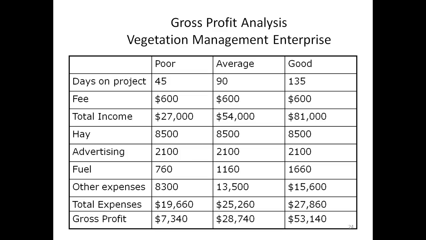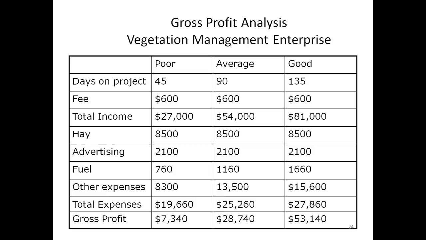One of the other aspects of gross profit is that it can be used for sensitivity analysis, as in the garlic example you have, along with the gross margin. Looking at this example, splitting out between poor, average, and good, is that price, or is that production?